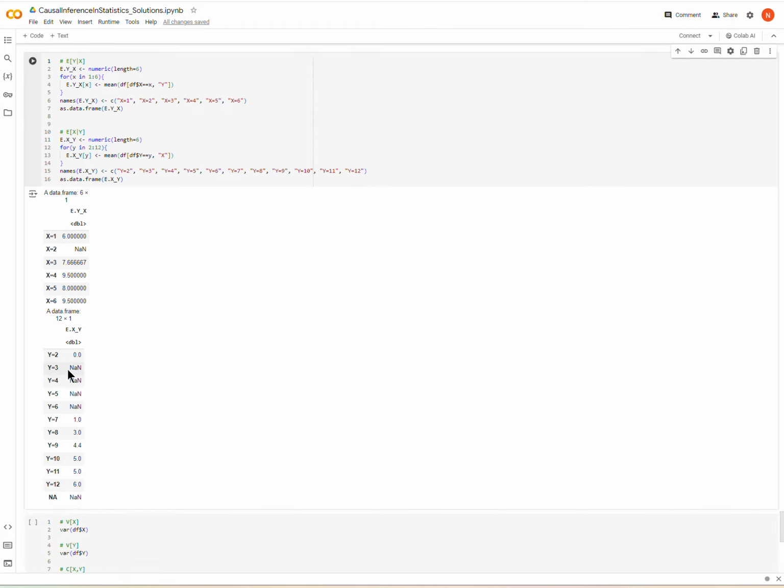Similarly, I have every value of y, 2 through 12, and the corresponding expected value of x. You'll notice that sometimes there's NaN, which stands for not a number, I believe. This is just where there was no data in our data set, right? We didn't have data that corresponded to y equals 3 or x equals 2, etc.